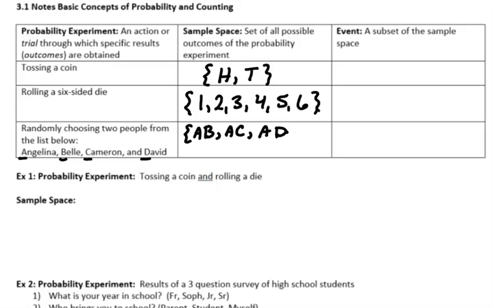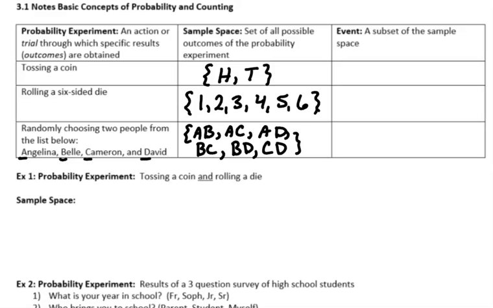So I'm done with Angelina because she's been paired up with everybody. Then I could choose Belle and Cameron, or Belle and David. So Belle's been paired up with everybody now. Then I could choose Cameron and David. So that would account for all 6 possible ways that I could choose 2 people out of 4. So there are 6 different outcomes.